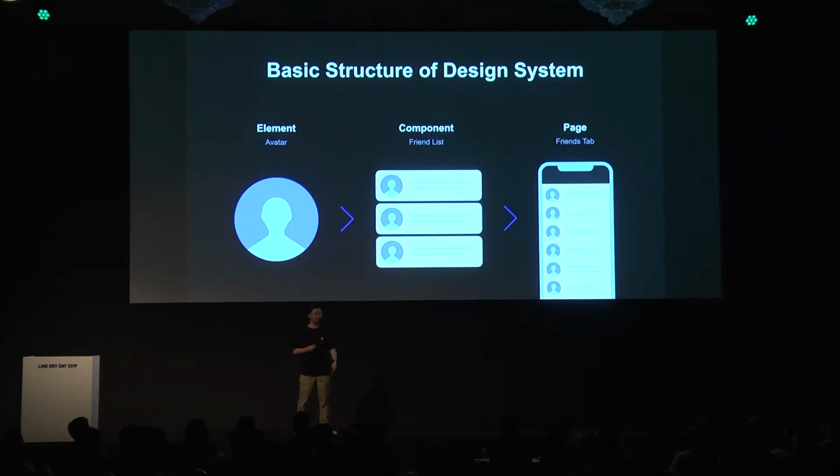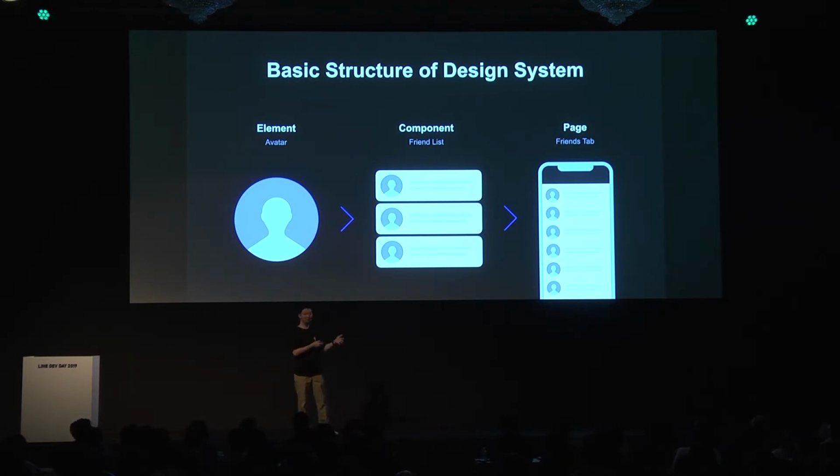I'd like to let you know about the basic structure of a design system. This is not a special structure of Line design system, but kind of a common thing in the field. There is a minimum block, which is called the element. For example, in this image, the avatar image can be an element. By combining some elements, for example, avatar images, a text area and a background area, we make a component.